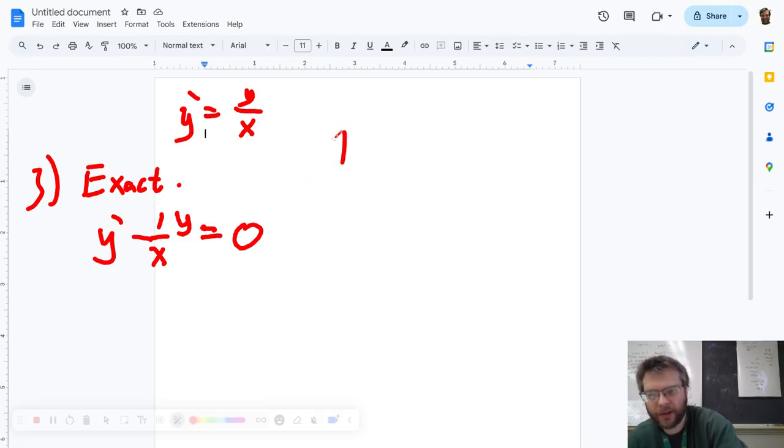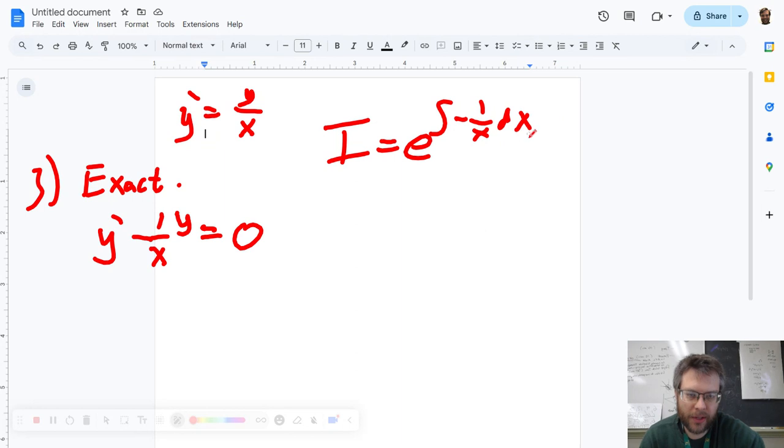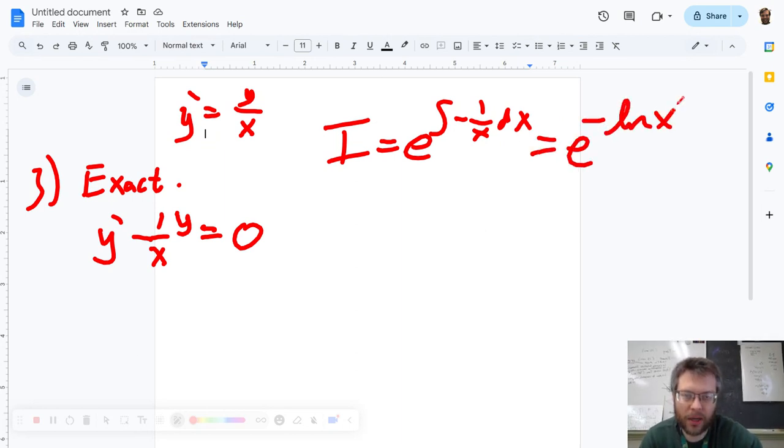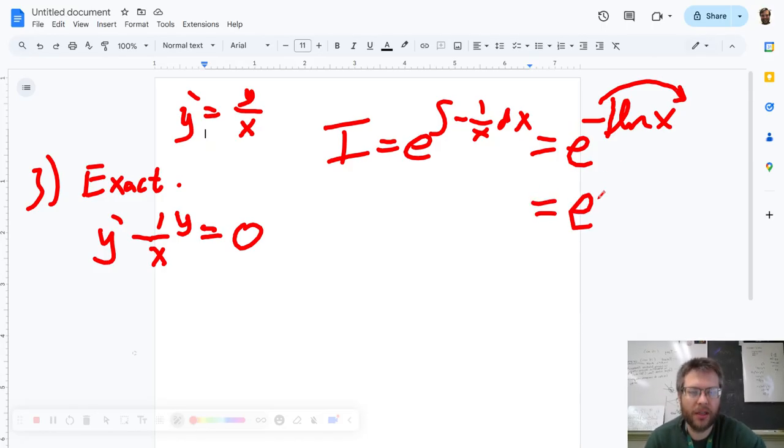I'm going to make an integrating factor that is e to the integral of the function of x that touches y. That's equal to e to the negative natural log of x. The negative in front of the natural log can be thought of as a negative 1 power inside the natural log. So we have e to the natural log of x to the negative 1. Canceling e and ln gives us x to the negative 1.